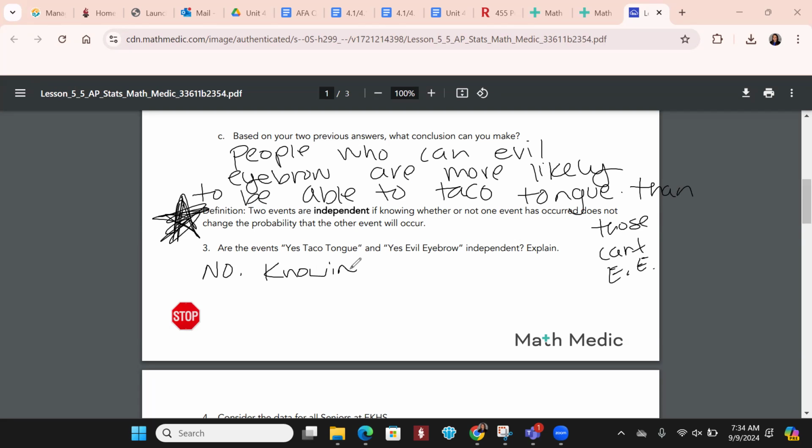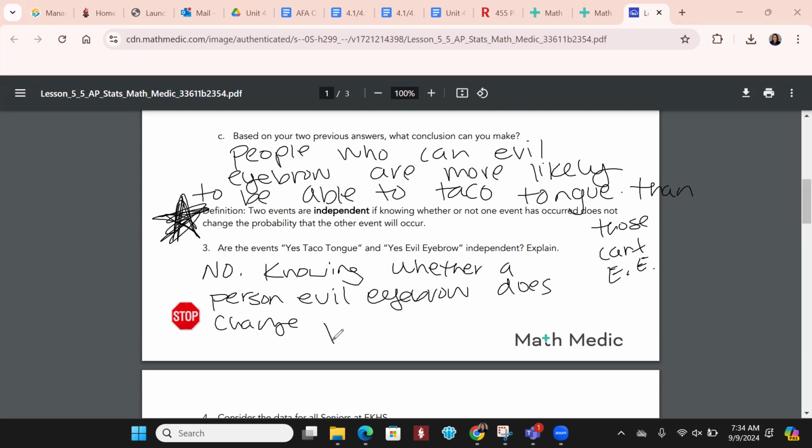Okay, so knowing whether a person can evil eyebrow does change the probability they can taco tongue. Okay, so they're not independent. Okay, they do impact each other.